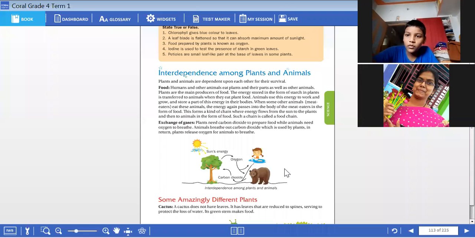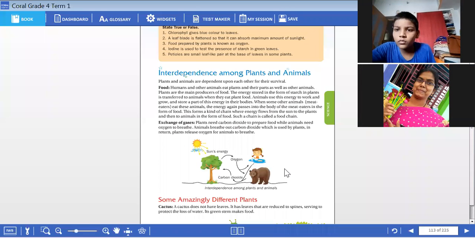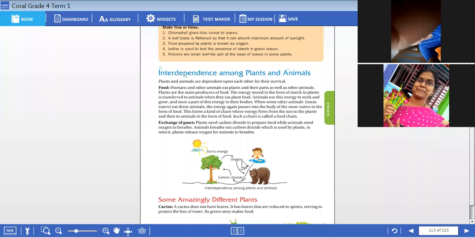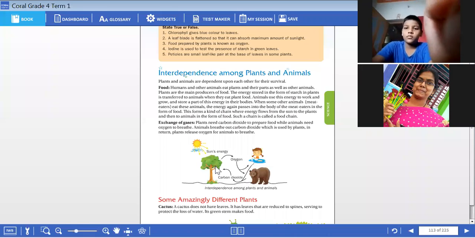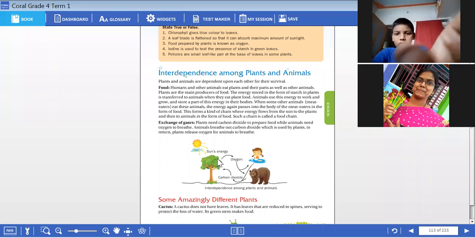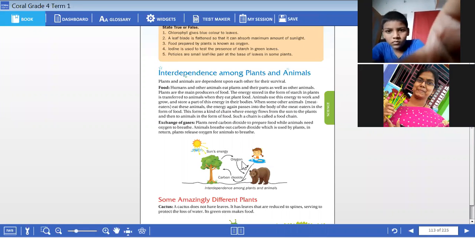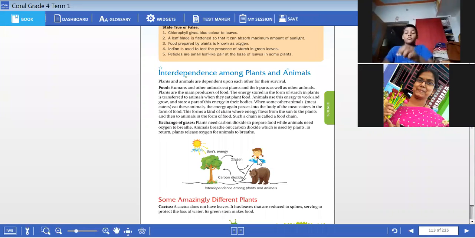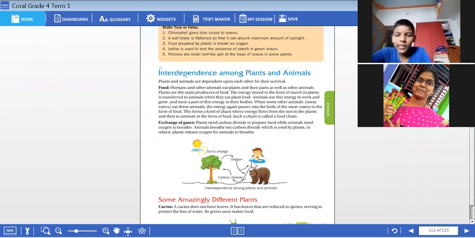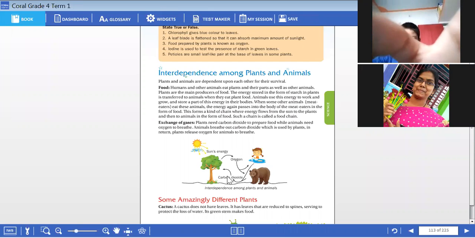It takes in carbon dioxide and exhales oxygen outside. We humans and animals, we both take oxygen inside and we exhale carbon dioxide.